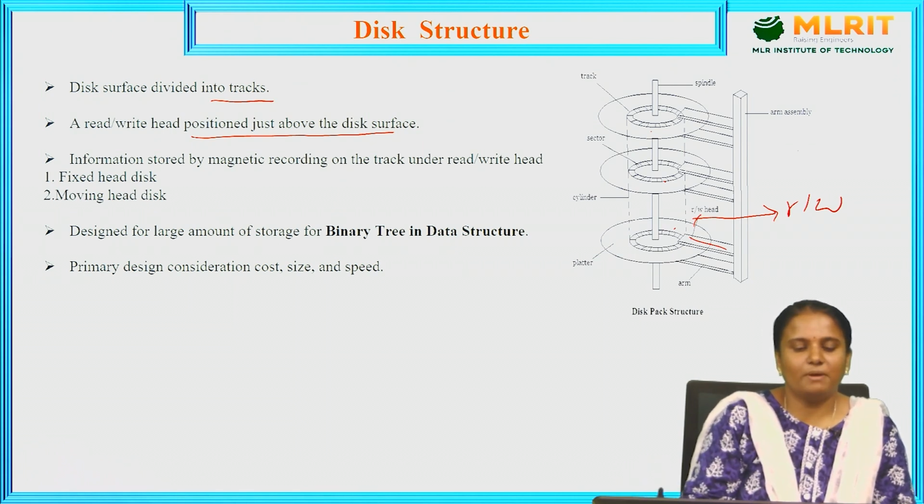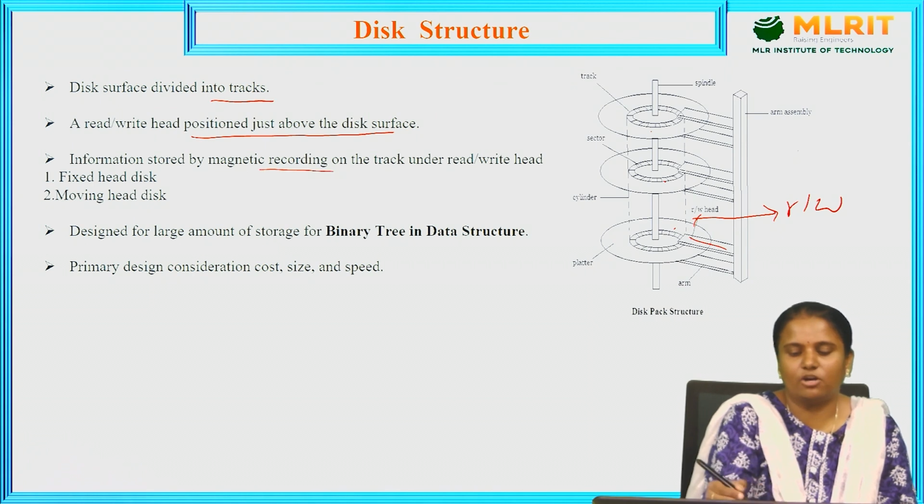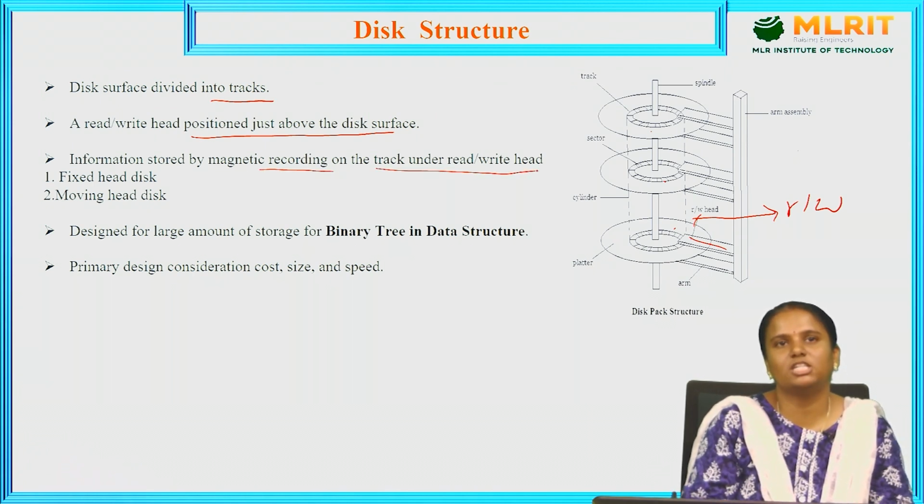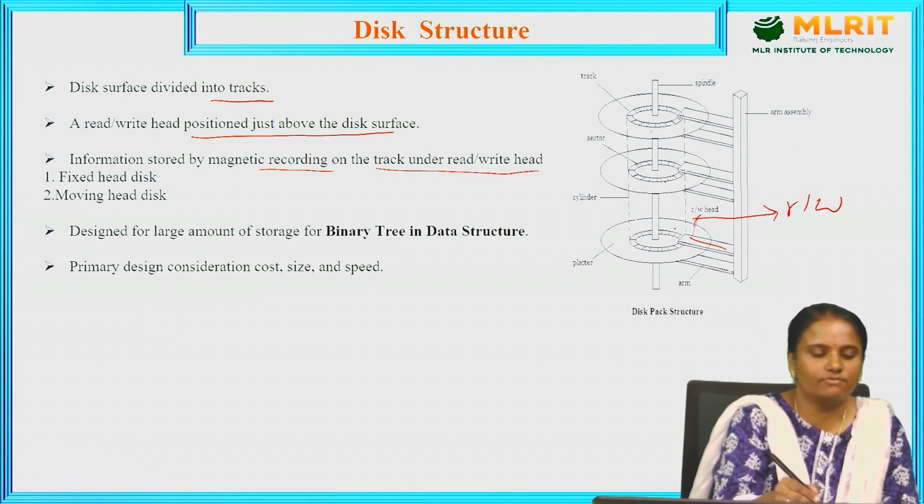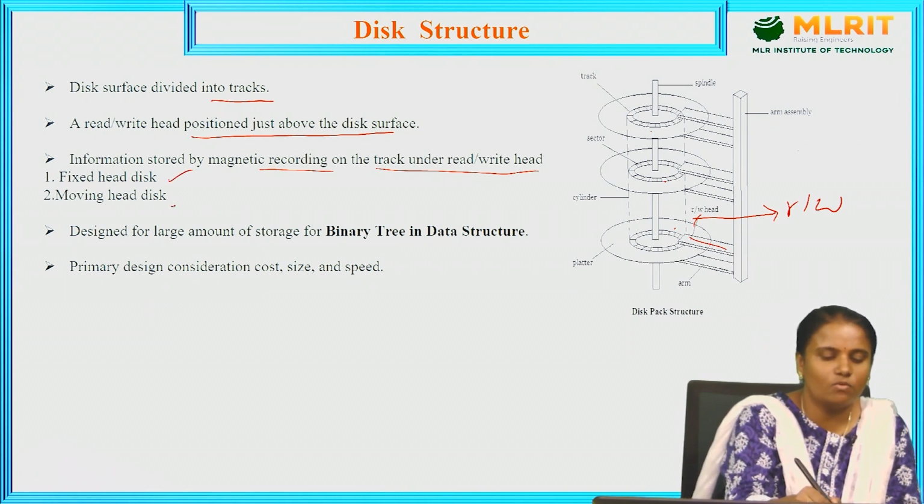Information is stored by magnetic recording on the track, and the read write head accesses it. There are two types: one is the fixed head disk and the other one is the moving head disk.